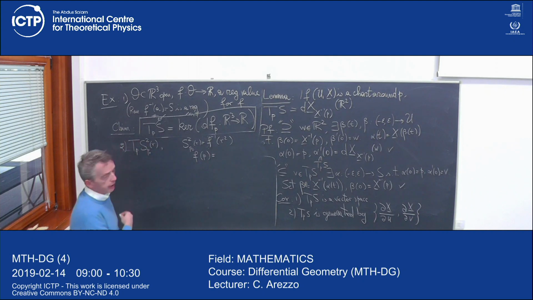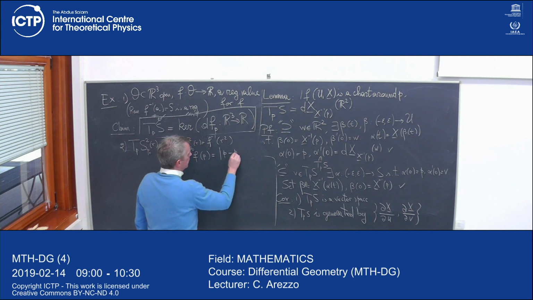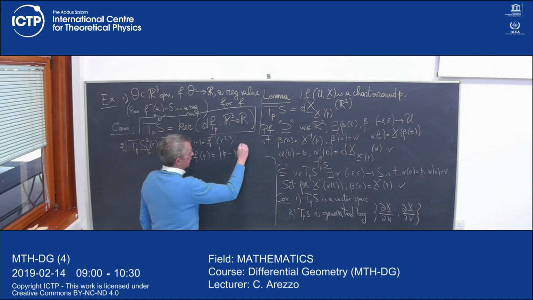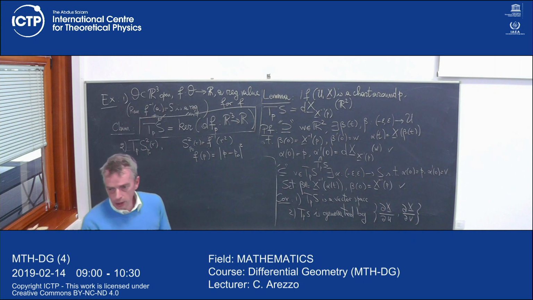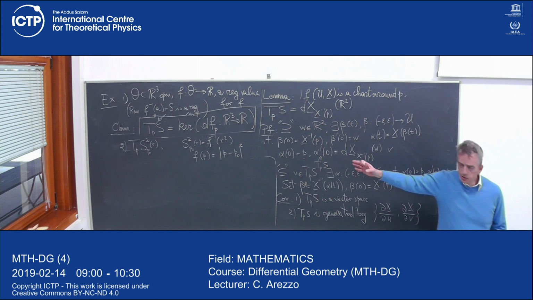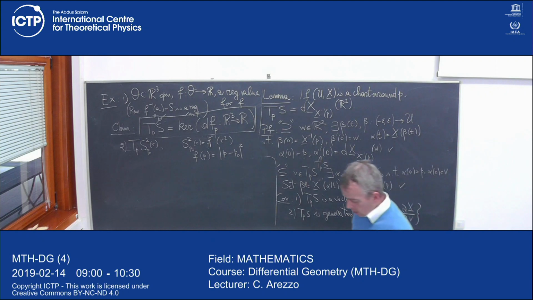Now defined over the whole of R3. Well, of course, the sphere is the set of points with distance squared from a given one equal to r squared, okay? We have already argued that if r is non-zero, this is a regular value.